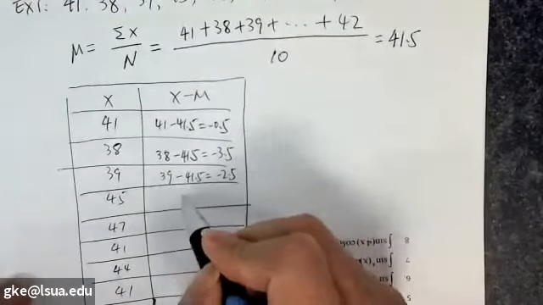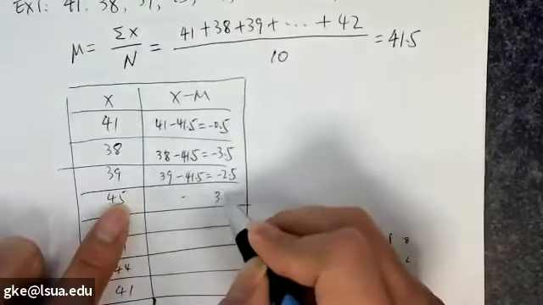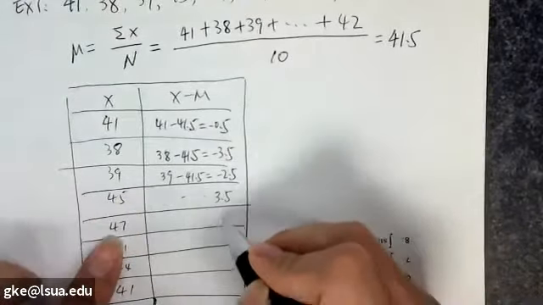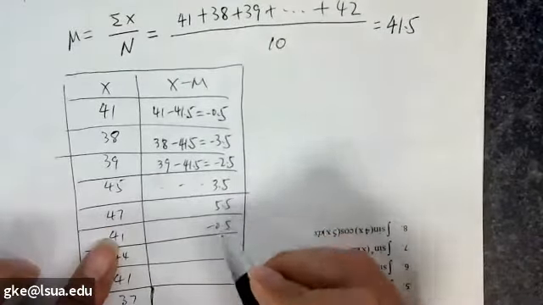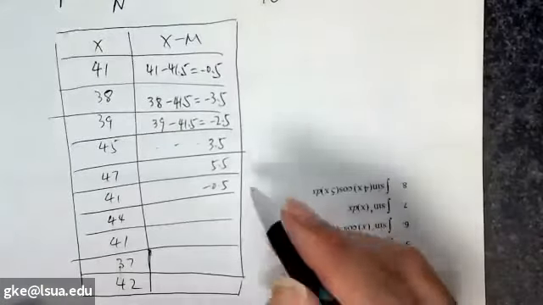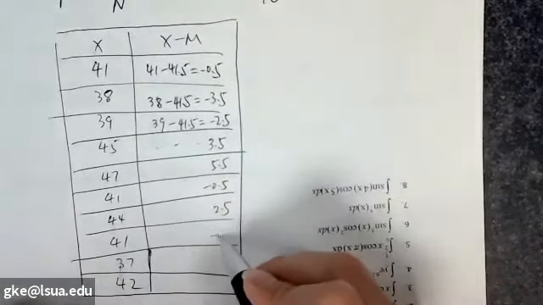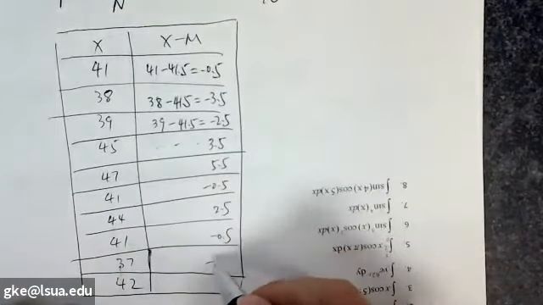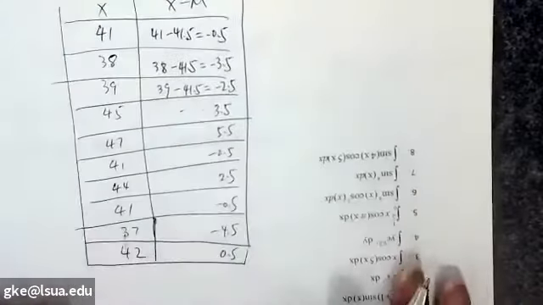And again, we can do the same things for the 45. So I just copy it from my notes. You can do it by yourself. Negative 0.5, 2.5, negative 0.5, 0.5. Right.